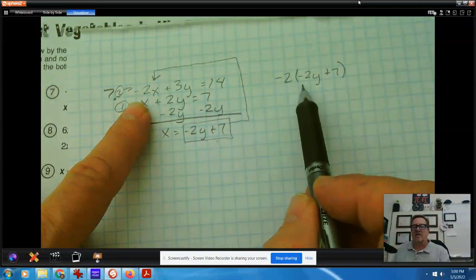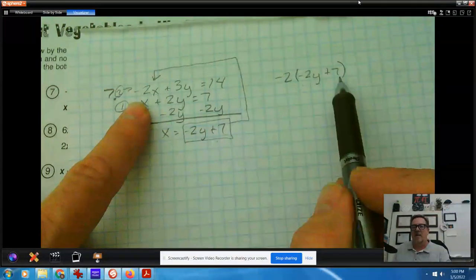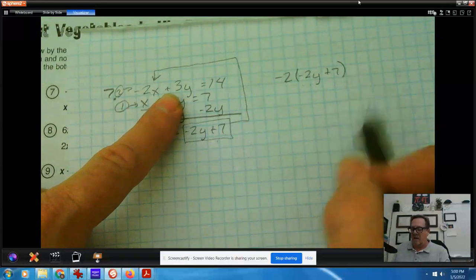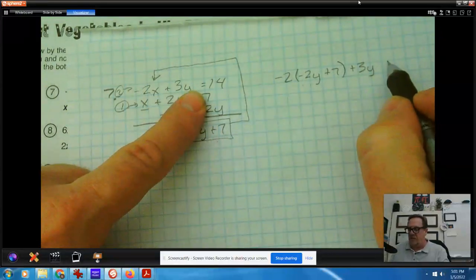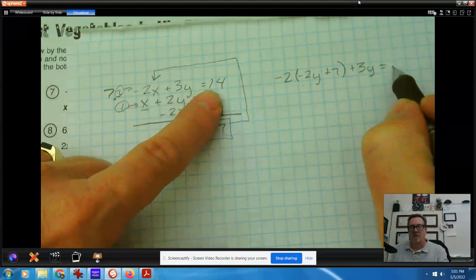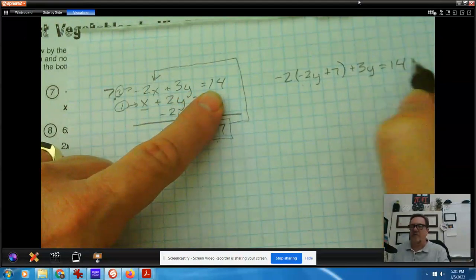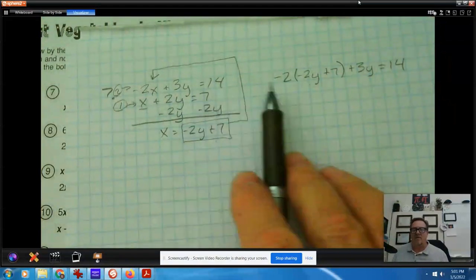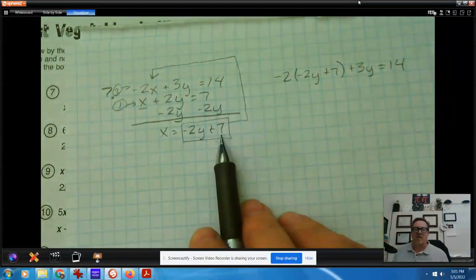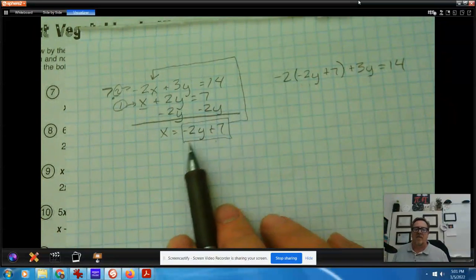Okay, that's my substitution. But I still have a plus 3y that I need to add on here, plus 3y. I still have an equal sign, and I still have a 14. So now I've rewritten this equation, but substituted in the x that I found before.